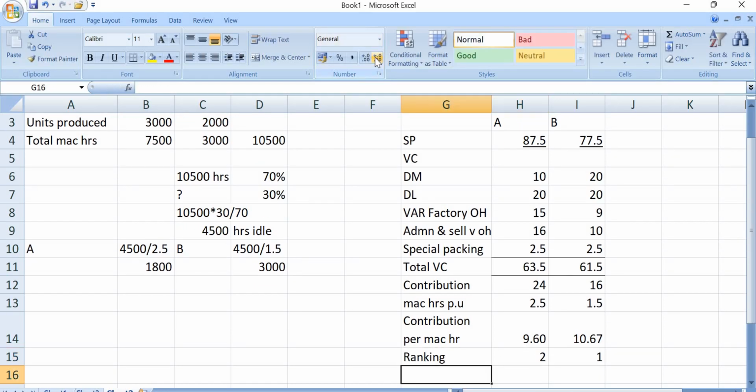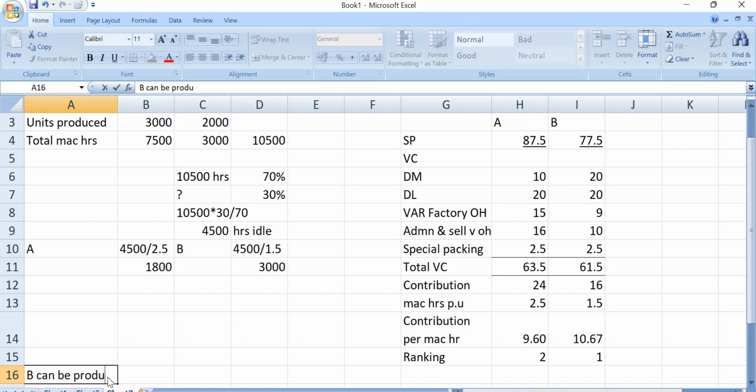10.67 is highest, right? So ranking 1 goes to B and 2 goes to A. So what will I be producing? B only I will be producing. How many units can be produced? 3000 units can be produced, which is already calculated. B can be produced using the additional capacity, that is 30% capacity, 4500 machine hours.